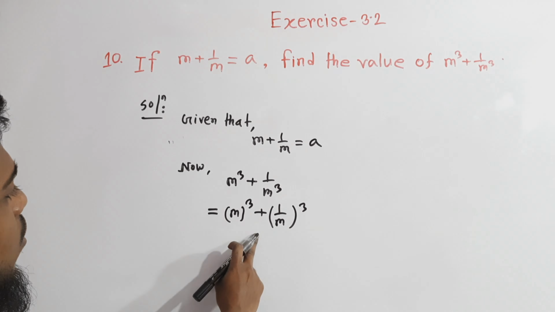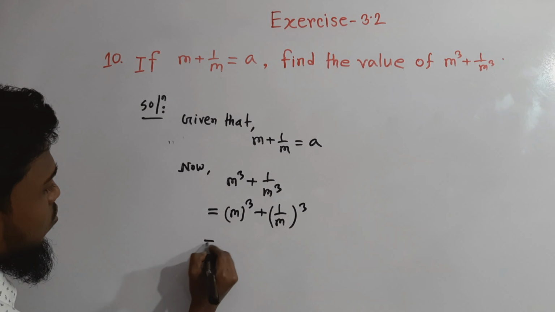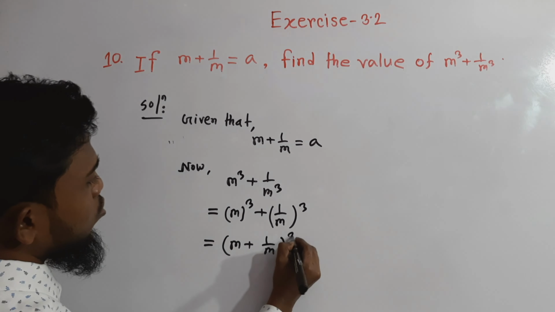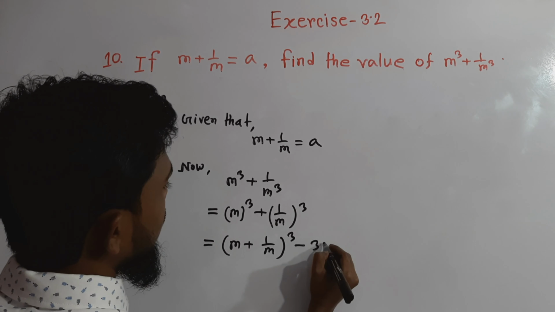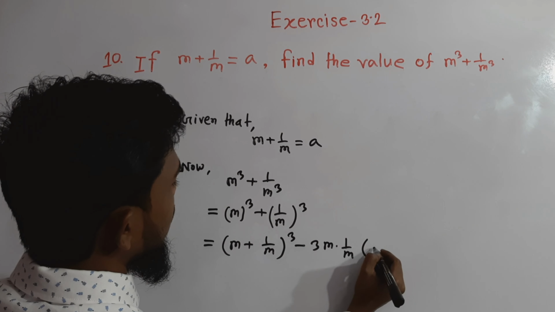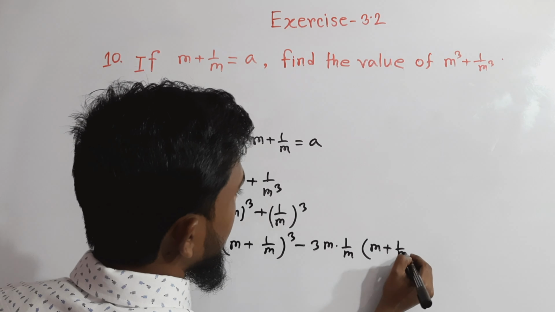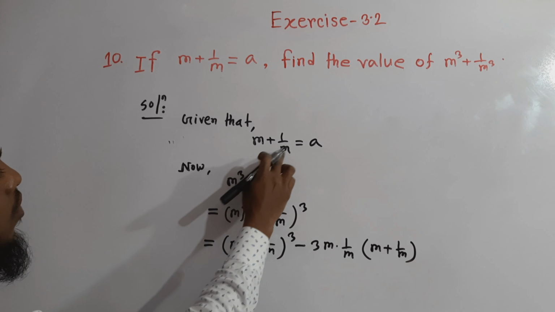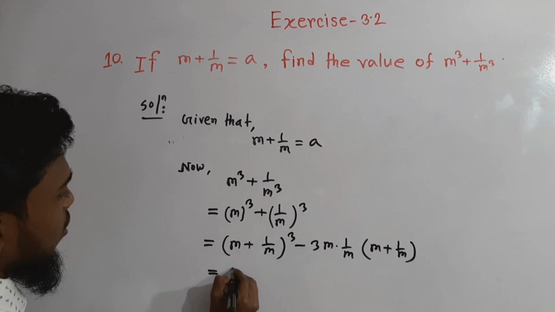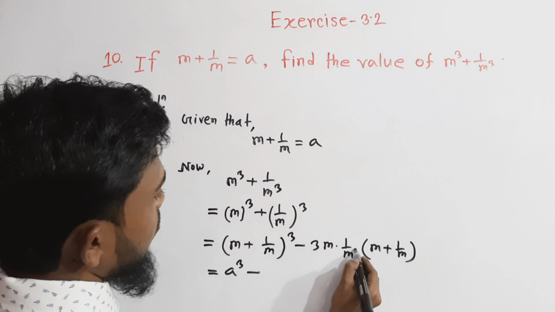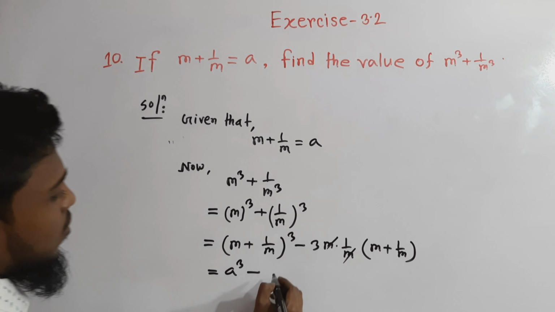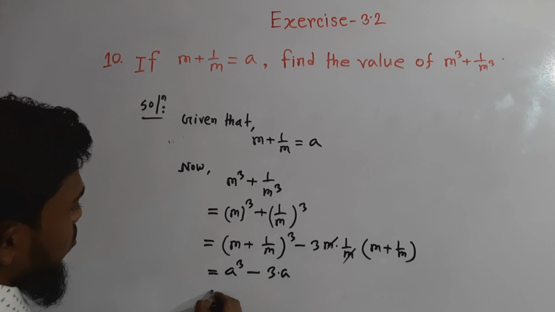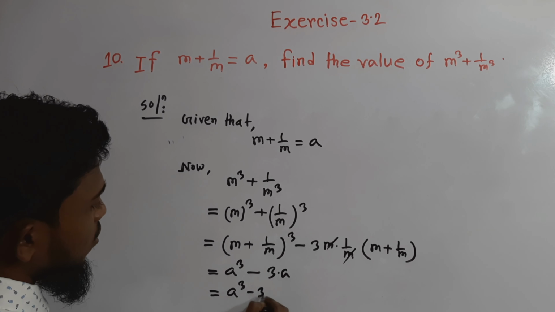This is the formula of a cube plus b cube. So we can write (m plus 1 by m) whole cube minus 3 into m into 1 by m into (m plus 1 by m). Dear student, the value of m plus 1 by m equals a. So we can write a cube minus 3, m upon m cancels, so 3 into the value of m plus 1 by m is a. So again we can write a cube minus 3a.